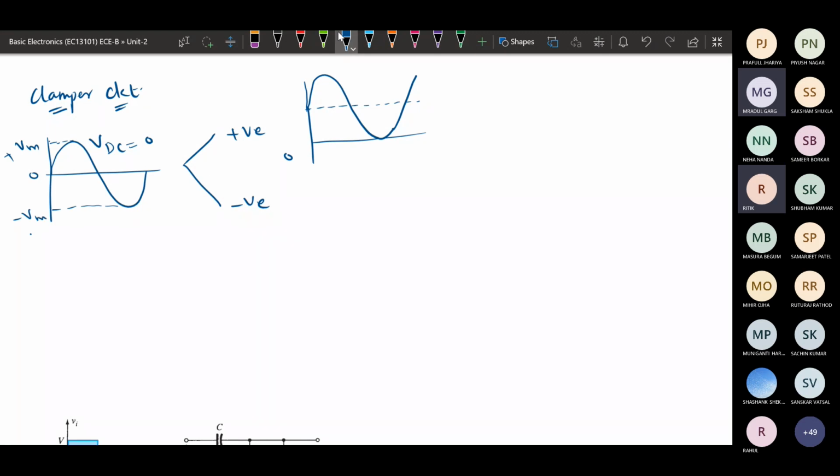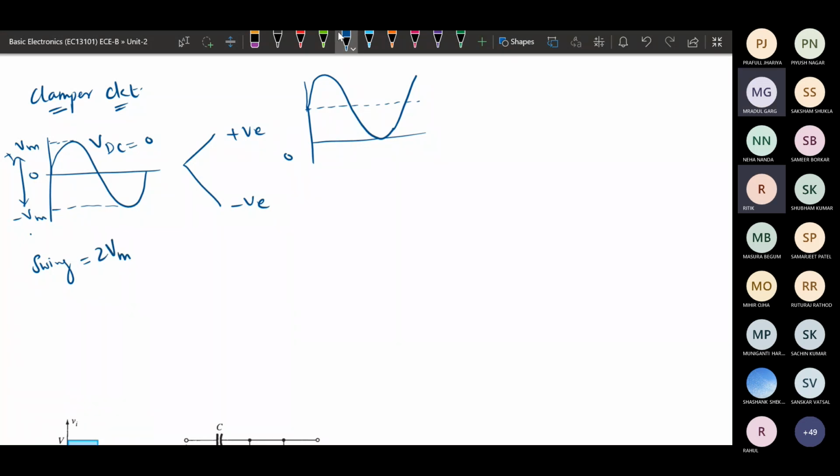The maximum voltage is plus Vm and the minimum voltage is minus Vm. The difference between maximum and minimum is called the swing, which is how the voltage changes in the positive and negative directions. The waveform swings between plus Vm and minus Vm, so the total swing is Vm plus Vm, that is 2 Vm.